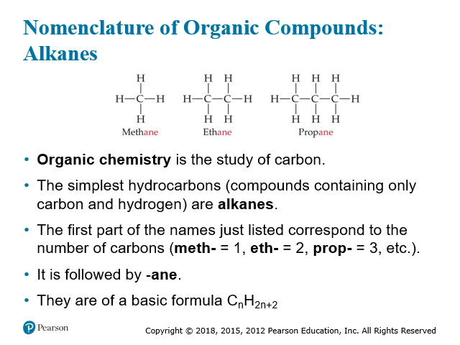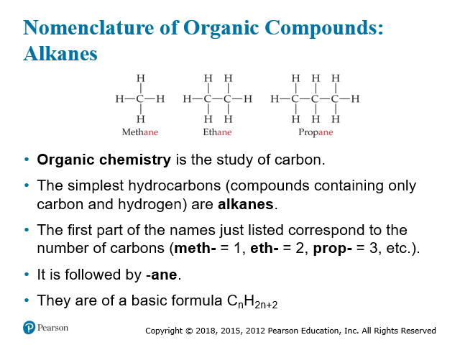The second part of the name is simply the letters A-N-E. So a one carbon species that is a hydrocarbon, specifically an alkane, would be called methane. A two carbon alkane would be called ethane. Three carbons, propane. Four carbons, butane, but I think I'm getting ahead of myself as far as the naming of these compounds.